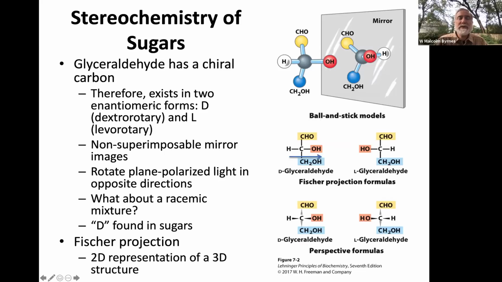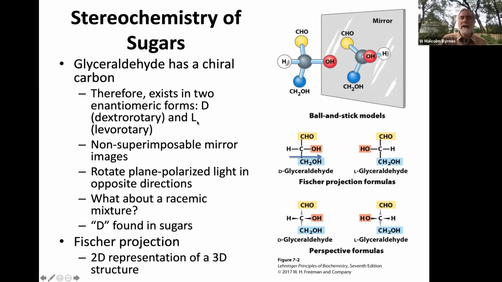These names are derived from the fact that if you have a solution with only the D enantiomer, that solution will rotate plane polarized light in a right-handed manner, or clockwise manner. Whereas the L enantiomer in solution would rotate plane polarized light in the counterclockwise or left-handed direction.